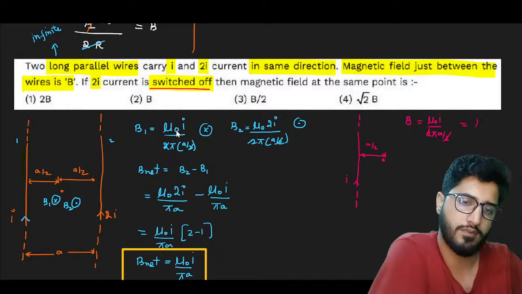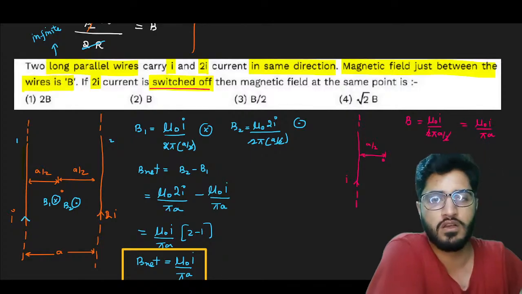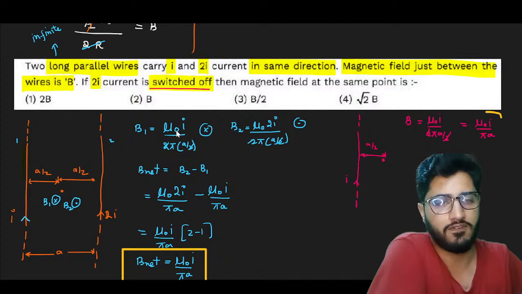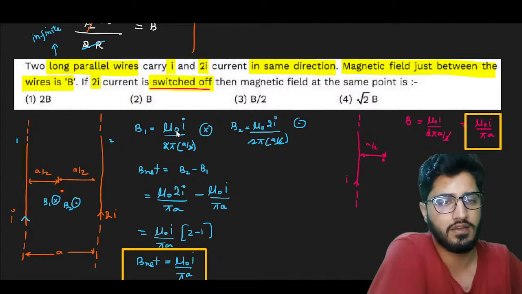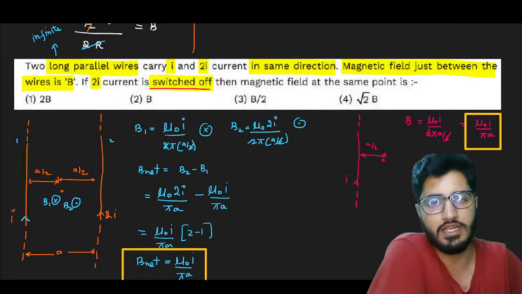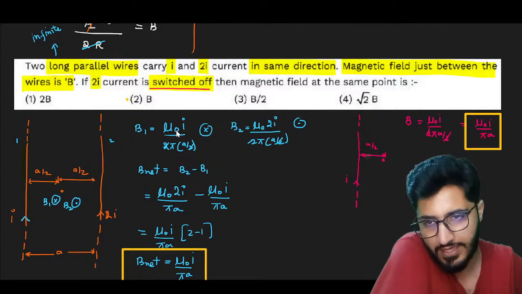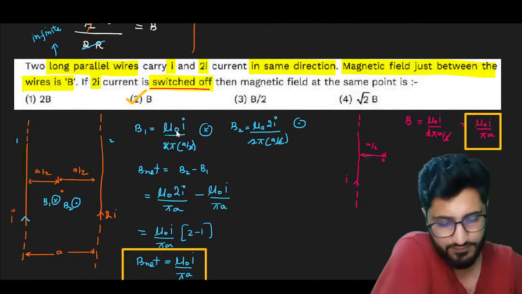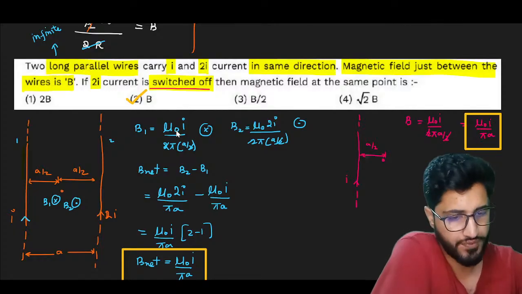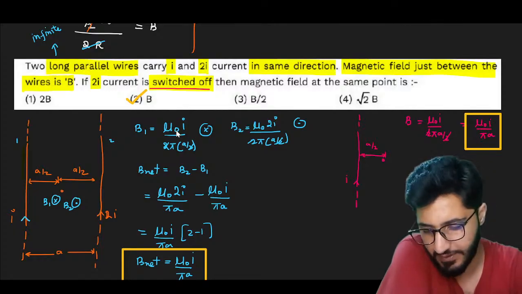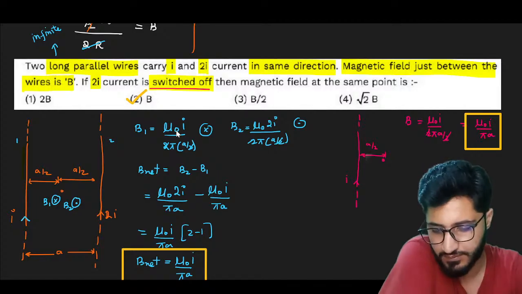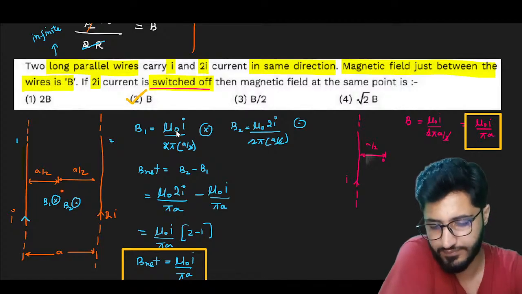Cancel out, so it came out to be mu naught I divided by pi A. So you can see now the final and initial magnetic fields are both equal. So I can tick option number 2. Option number 2 is correct for me. Done.